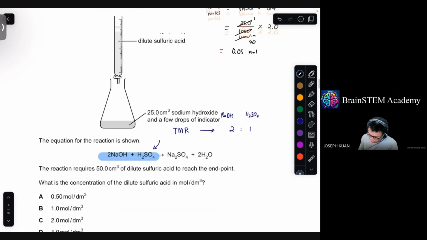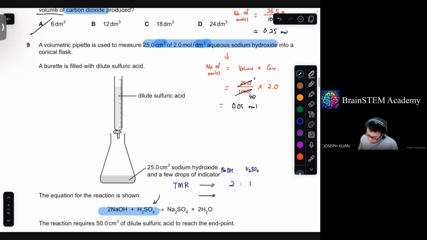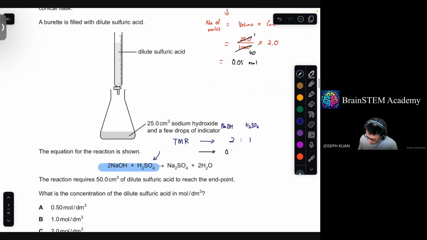Based on the ratio given in the equation, it's a 2:1 ratio. So in real life, we are using 0.05 mole of sodium hydroxide, so the number of moles of sulfuric acid used is half of that amount, which is 0.025.